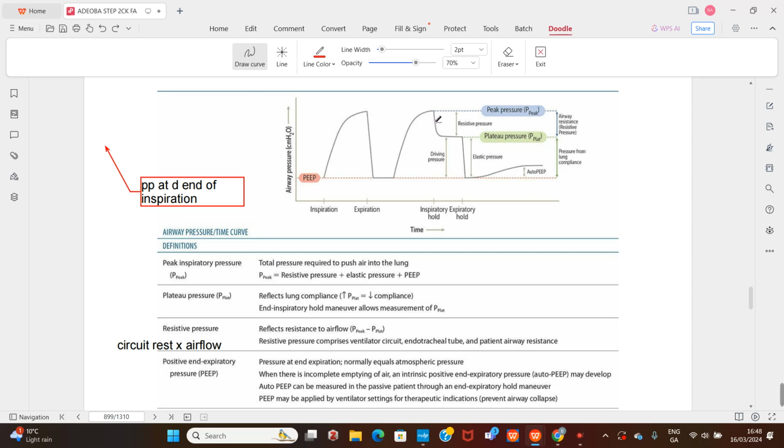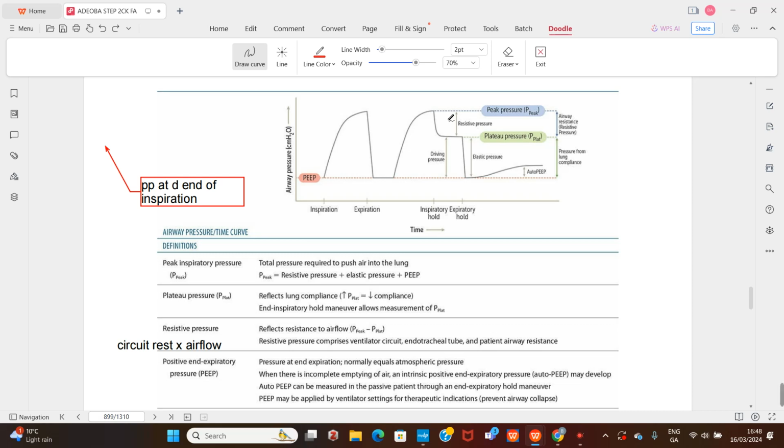Now let me stop at this portion. You see, there's something called the inspiratory hold maneuver. And what you want to obtain from your inspiratory hold maneuver is what we call the plateau pressure. The plateau pressure is part of the peak inspiratory pressure, and I will explain.